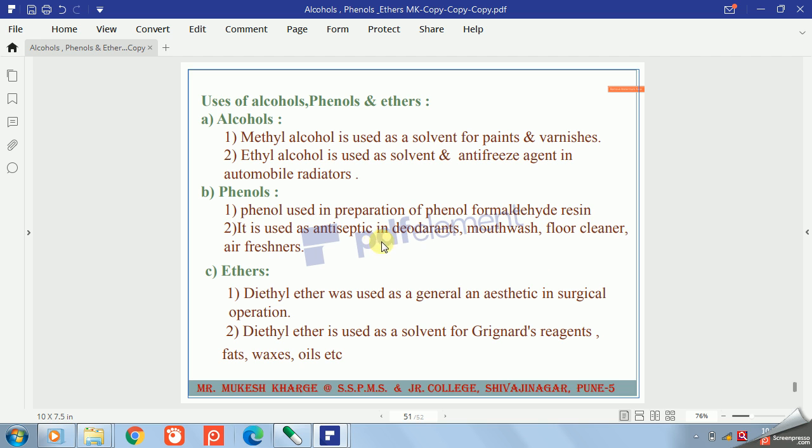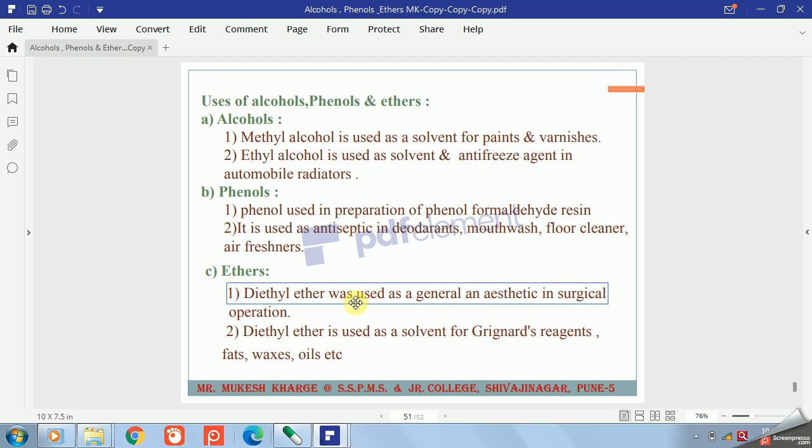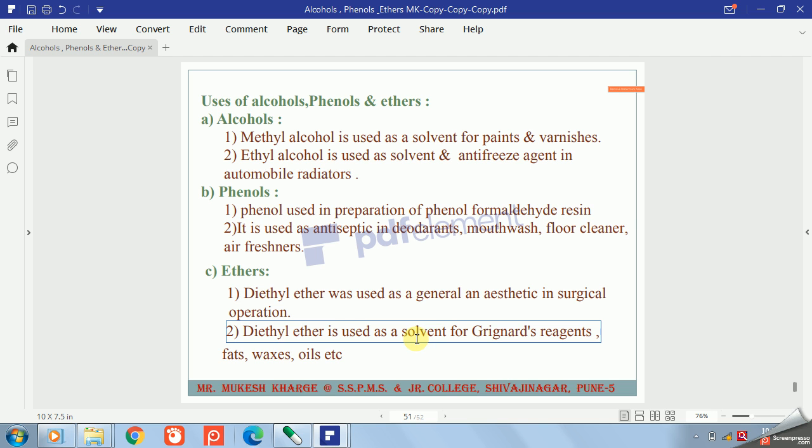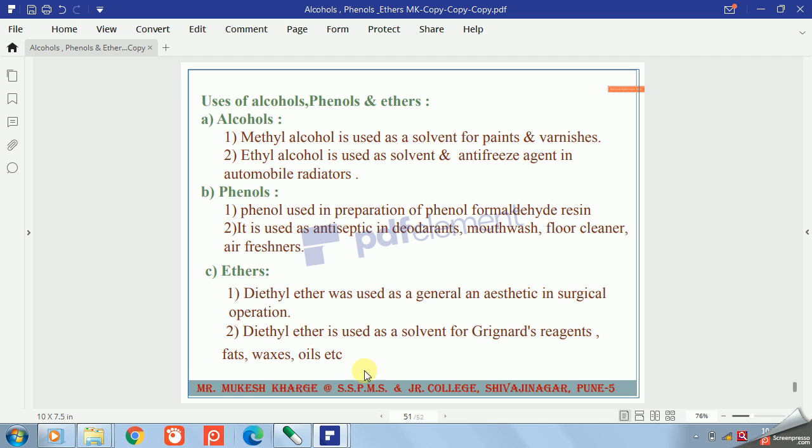Then it is used as an antiseptic in deodorant, mouthwash, floor cleaners and room fresheners. Then next is ethers. Diethyl ether was used as a general anesthetic agent in surgical operations in the old days. Another use is as a solvent for Grignard reagent, fats, waxes and oils. So this is about the topic.